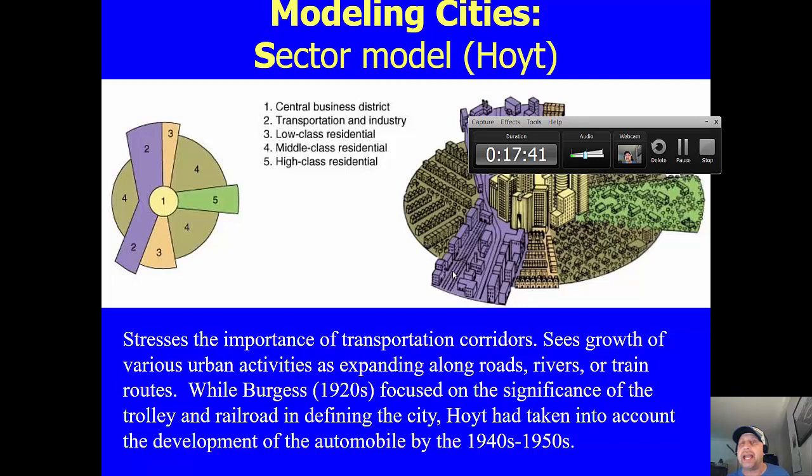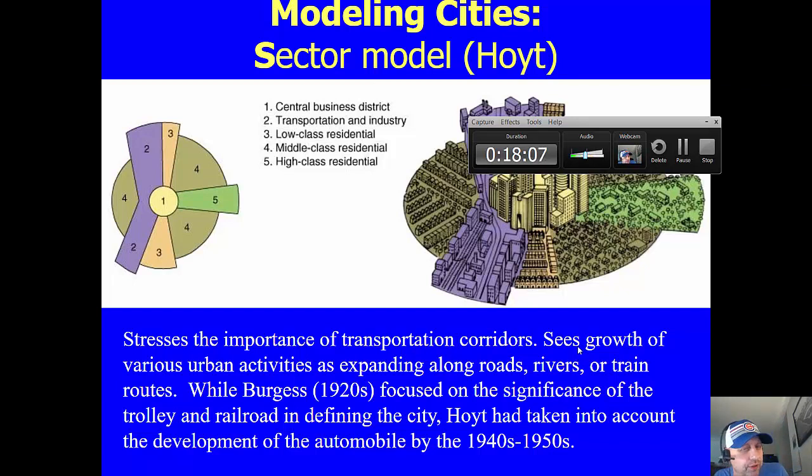All right. And so, because of that, we get a second theory that emerges in the mid to late 1920s, and it stresses the importance of transportation. While Burgess focused on transportation, this second model, the sector model by Homer Hoyt, took transportation into much greater account.